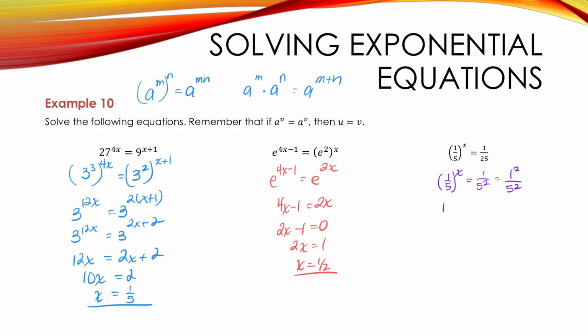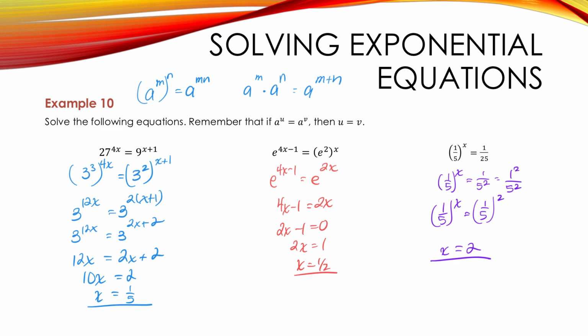And if that's the case, then I have 1 over 5 to the x is equal to 1 over 5 squared. And how can I just say that's 1 squared? Because 1 to any power is still 1. So 1 squared is just another way to write 1. So we just make the numerator and denominator have the same exponent, and we can move it to the outside. So that just means x is 2.